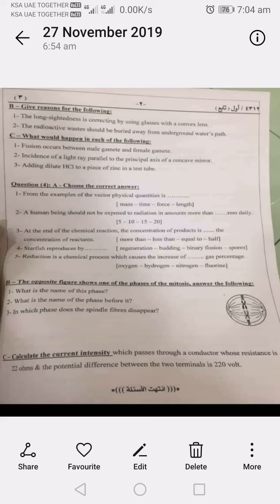So the current intensity I equals V, the potential difference, divided by R, the resistance. So the answer will be 120 volts divided by 12 ohms, and the result will be 10 amperes.